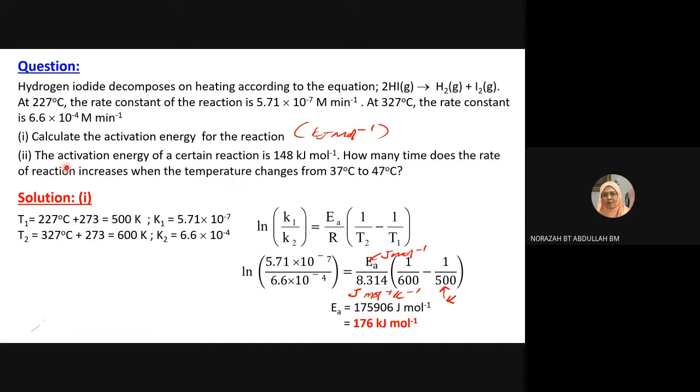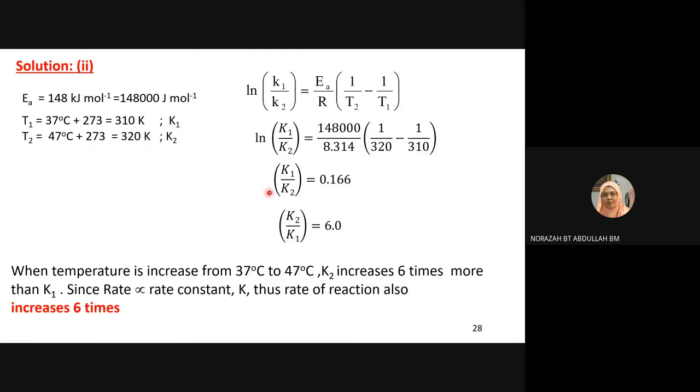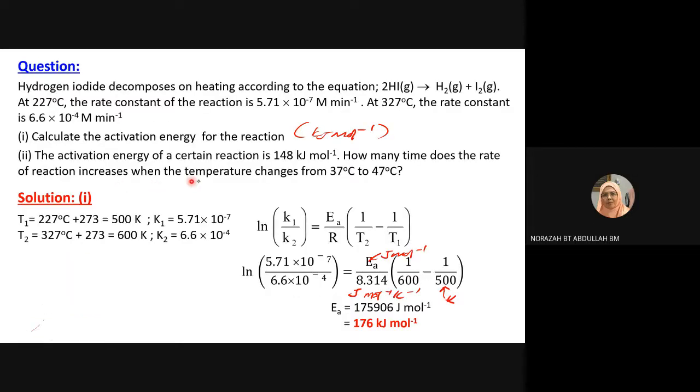Okay, jadi di sini soalan, the activation energy for a certain reaction is 148. Ini adalah EA. How many times does the rate of reaction increase when temperature changes from? Okay. Jadi dia tanya rate. Rate ke K ke sama sahaja. Okay, saya patut letak ni dalam rate lah. Ini yang kedua.